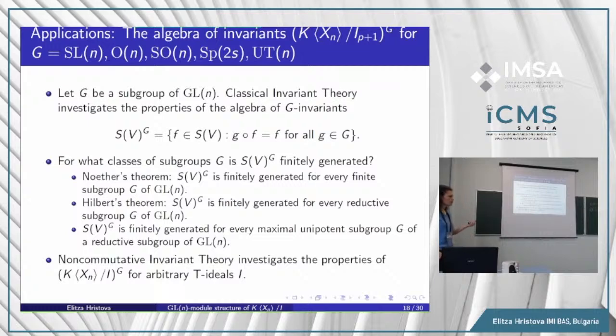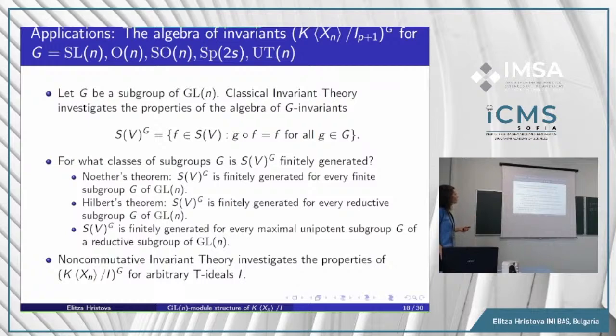Classical invariant theory asks many questions about the properties of this algebra. For example, one important question is when is this algebra finitely generated? And here we have Noether's theorem, which says that this algebra of invariants is finitely generated for every finite subgroup G. There is even a bound, Noether's bound, on the degree of the generators.